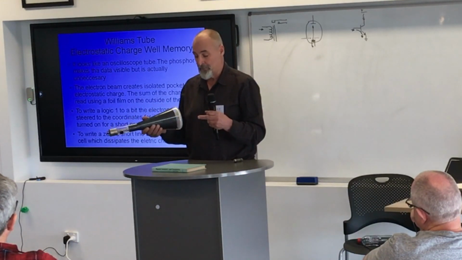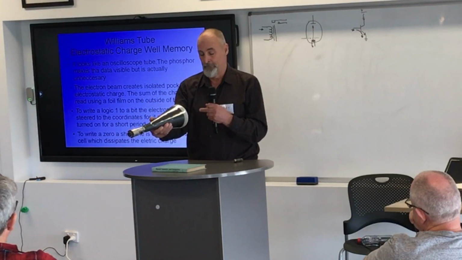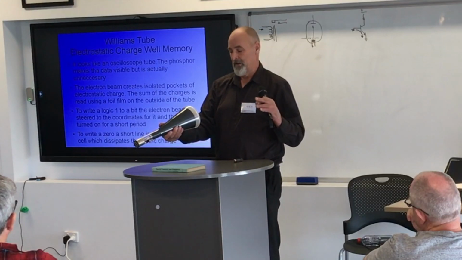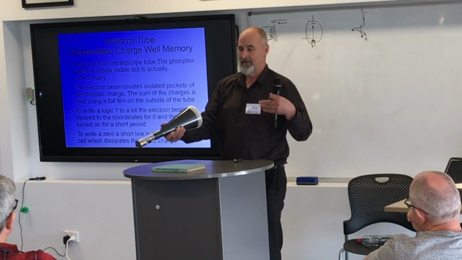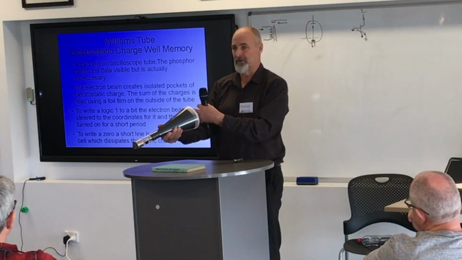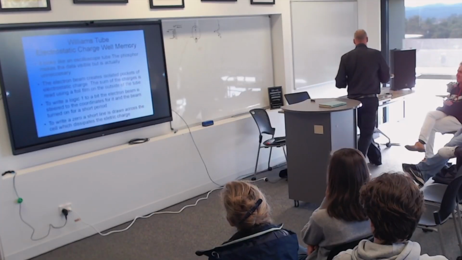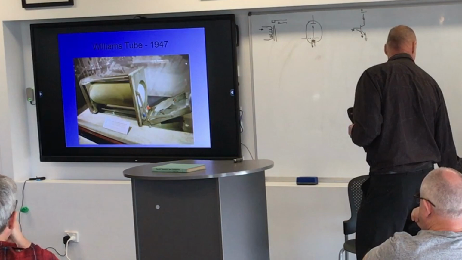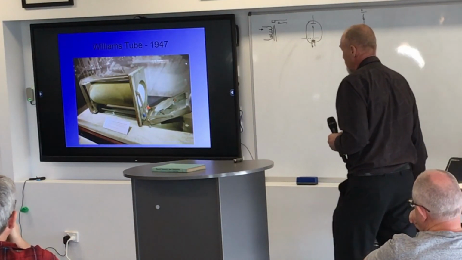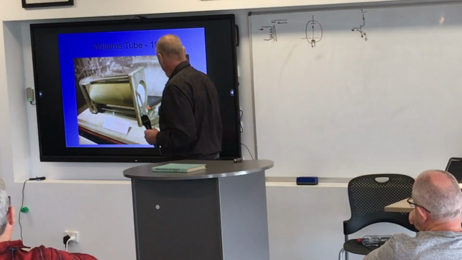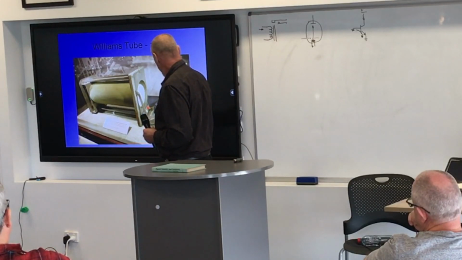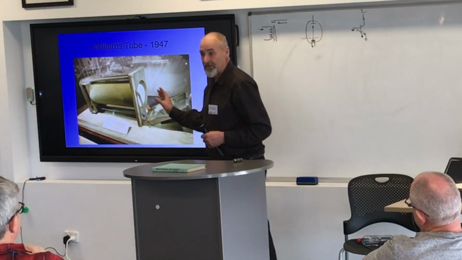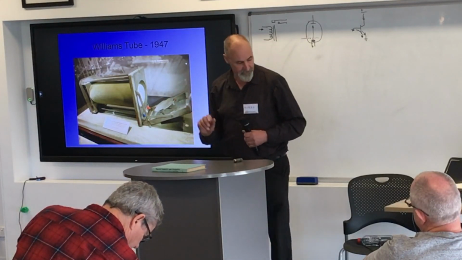Sometimes they put a Williams tube in with no phosphor, and then put a second tube in so that you could see the data externally without interfering with the Williams tube. It's all screened, and a front cover comes over with this plate which doesn't touch the tube. It has to stand off from the tube.